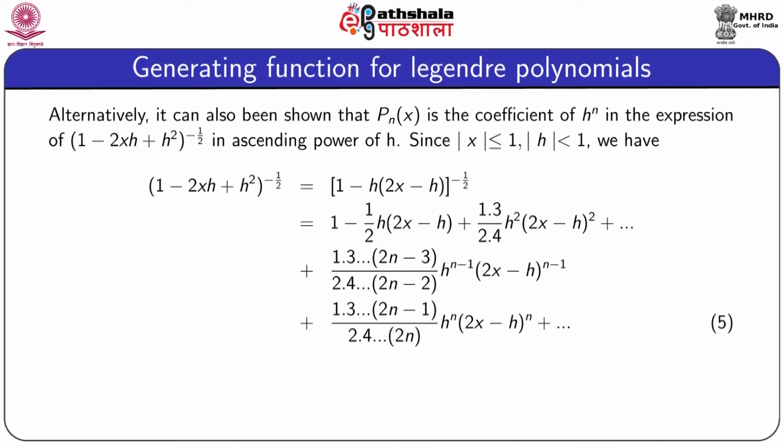If we expand this in binomial, we will get 1 minus half h into 2 x minus h plus 1.3 divided by 2.4 h square into 2 x minus h whole square plus dot dot dot. The last two expressions are the n minus 1th and the nth term respectively.